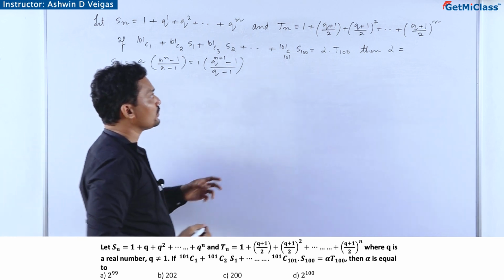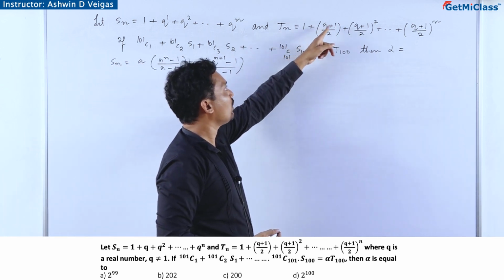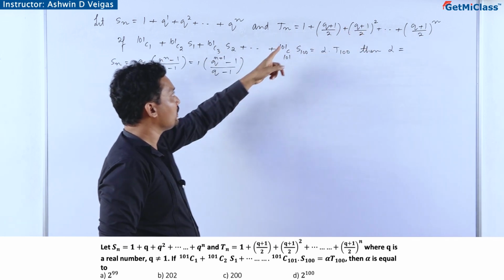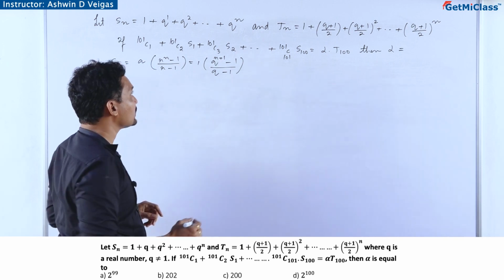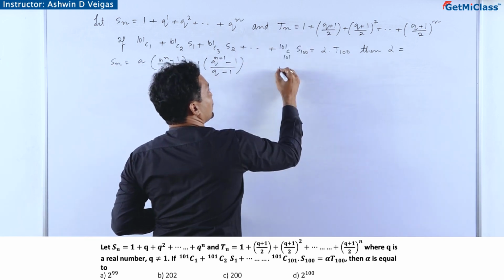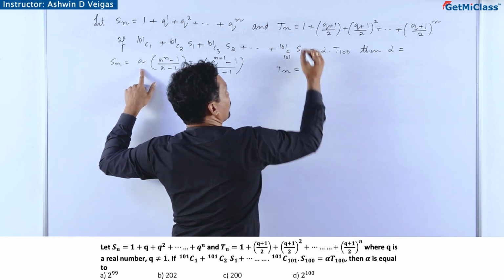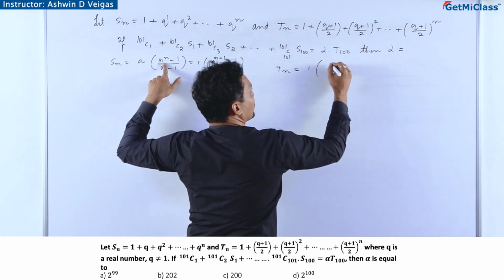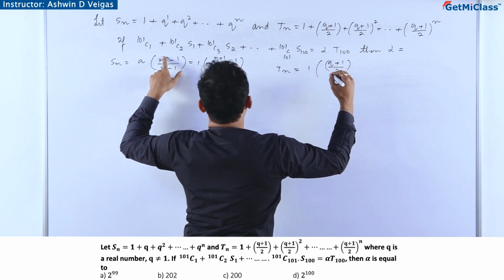Now similarly, Tn is also a geometric progression with common ratio (q plus 1) by 2. So even this I will compute using the geometric progression formula. Therefore here Tn is equal to, again A is 1, into r, where r is (q plus 1) by 2, power n.